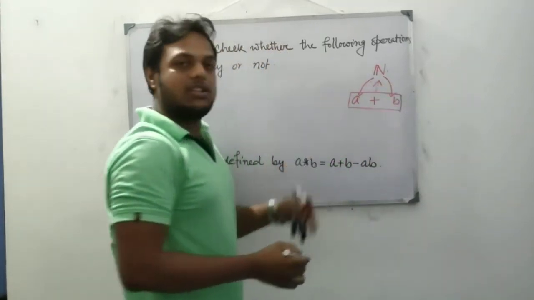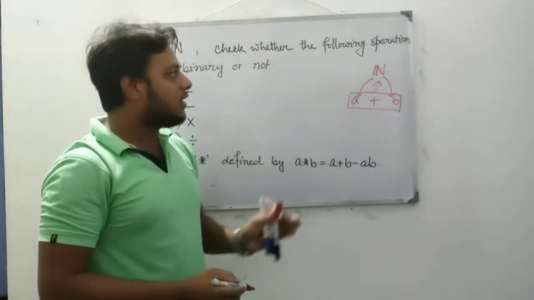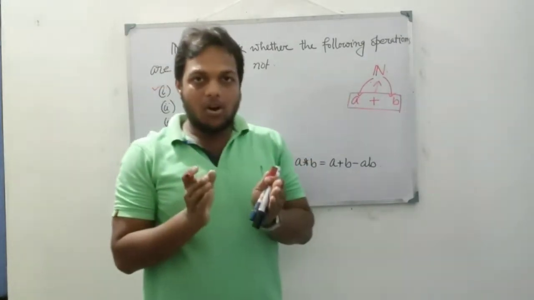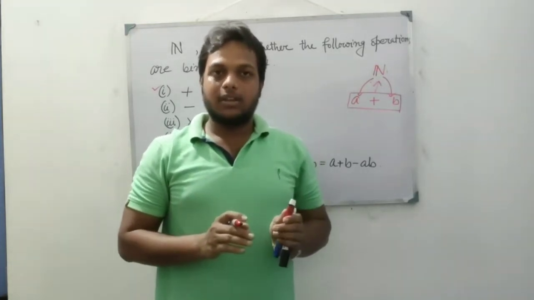Just check this part. And as we know, the sum of two natural numbers is always a natural number.